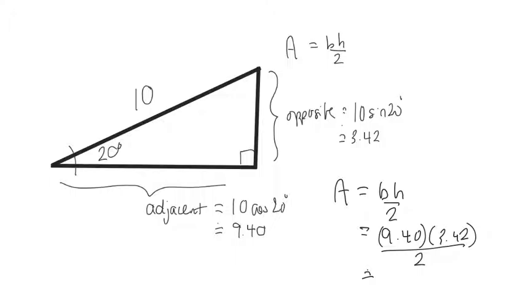So I get, roughly speaking, 16.1 units squared. So there's my area, about 16.1 square units. Okay, not bad, right? Well, time for the next one.